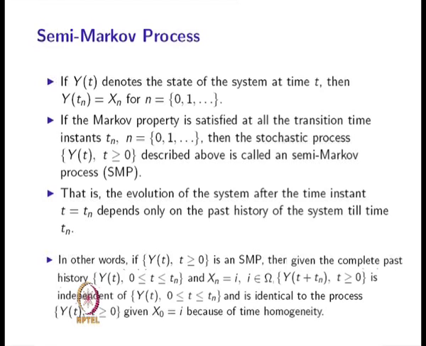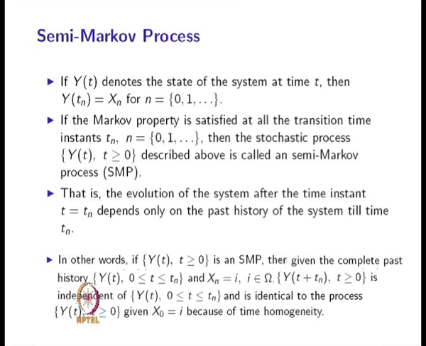Not only is Y of t plus Tn independent of Y of t, it is also identical to the process Y of t given x0 is equal to i because of time homogeneity. It is satisfying the time invariant property also.